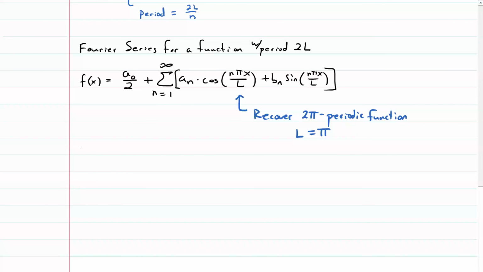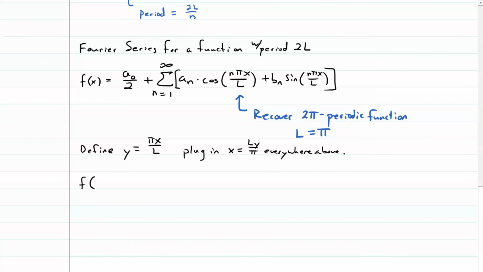Let me define y equal to pi x over L. I'm just defining y as pi x over L. So then x is going to be Ly over pi. So let me plug in x equals Ly over pi everywhere above. Okay, so I'm just playing around with the variables.